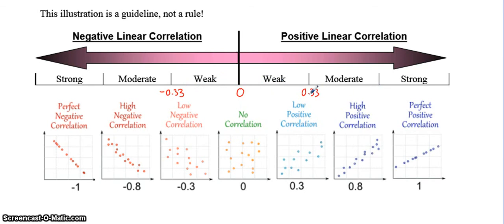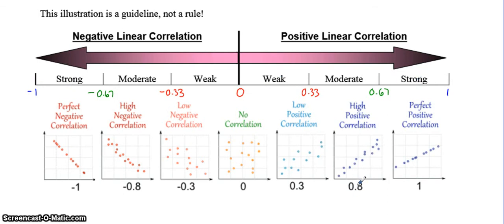If you go between 0.33 to about 0.67 or -0.67, it's in the moderate range. And then anything up to 1 or -1 would be considered a strong correlation.